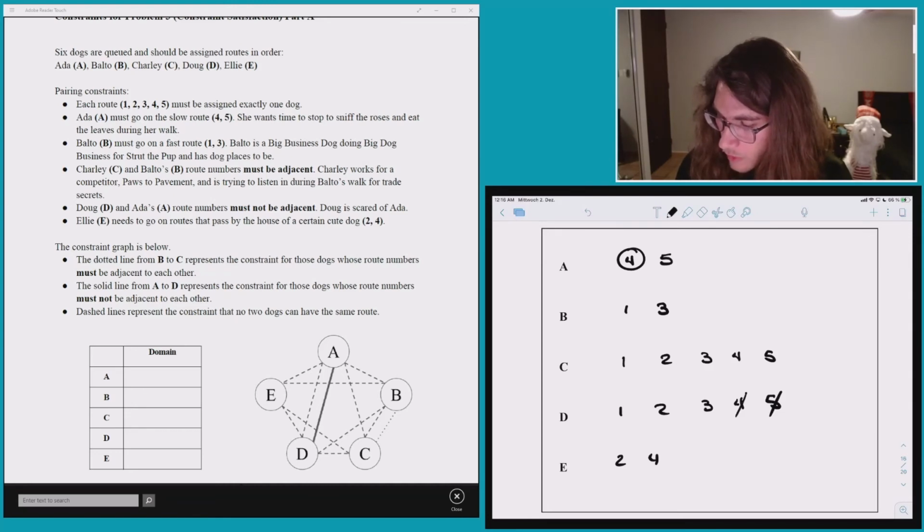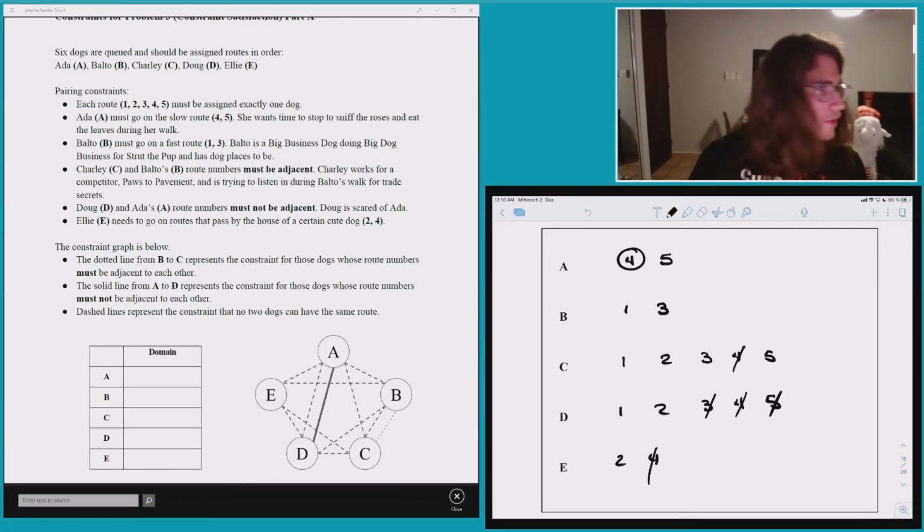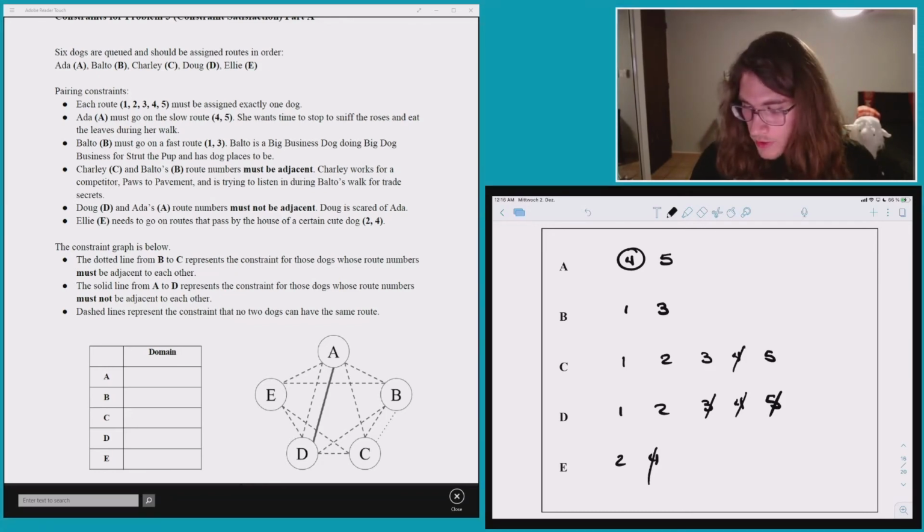Ada's taking 4, it definitely can't be 4, it can't be 3, and no two dogs can take the same route, which means Charlie can't take 4, and Ellie can't take 4 either. Okay, so moving on.